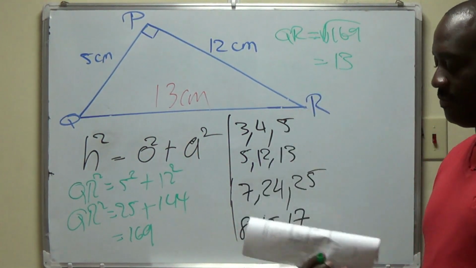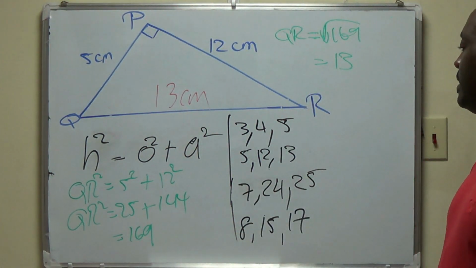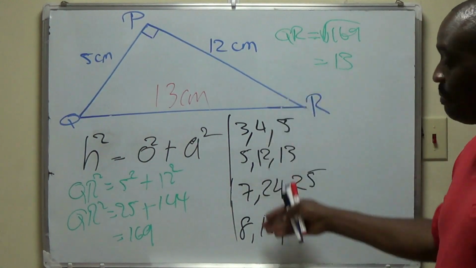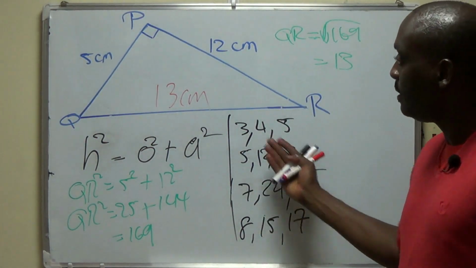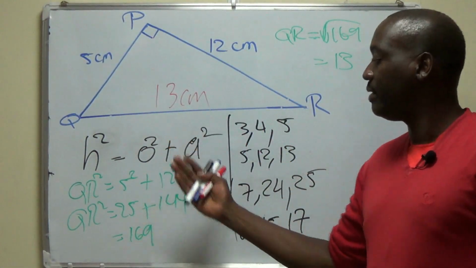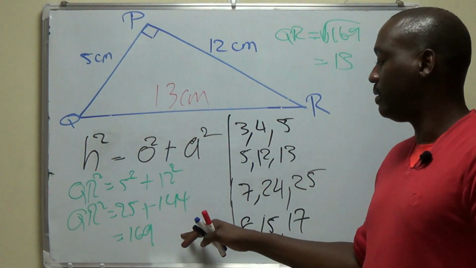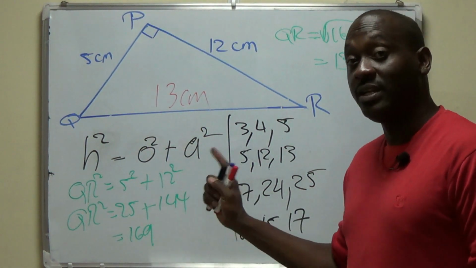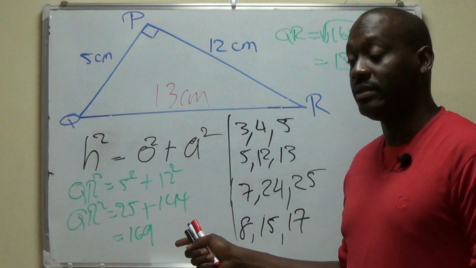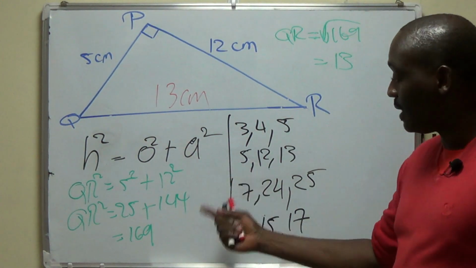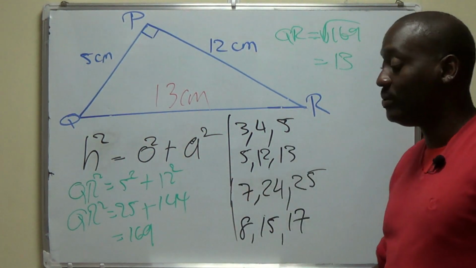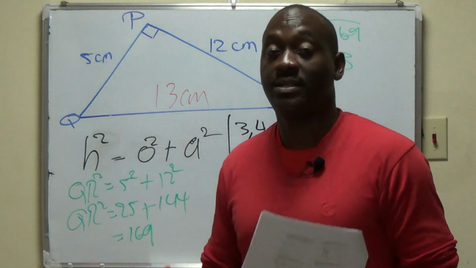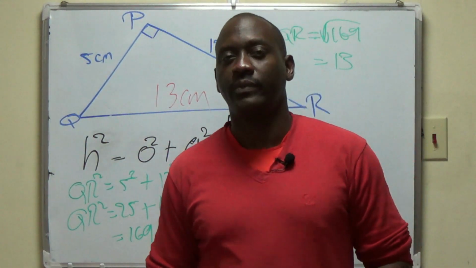So even if for some reason you didn't know about the Pythagorean triples here, the numbers are simple enough that you could work them out, remembering of course that you will not have the calculator as an option. So I just want to use that now as an opportunity to remind you that you have to have all your squares and square roots down, right?